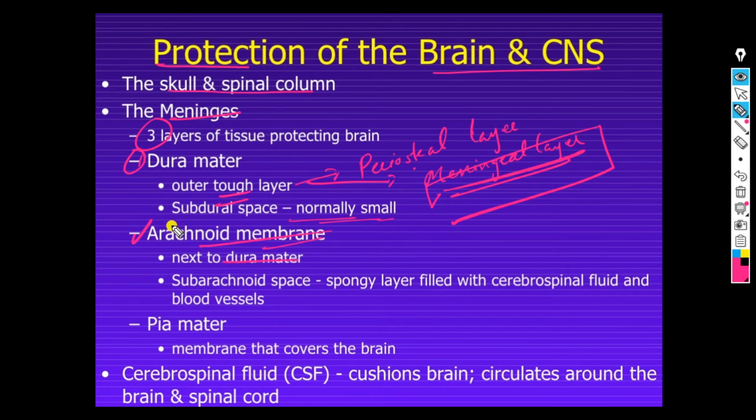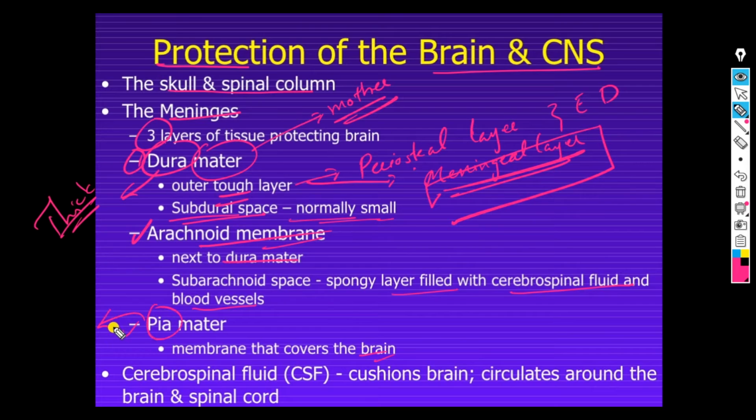The subarachnoid space is between the arachnoid and pia mater, a spongy layer filled with cerebrospinal fluid and blood vessels. Pia mater is the membrane that covers the brain. Pia means delicate and mater means mother. Dura means thick. Arachnoid means spider-like arrangement.